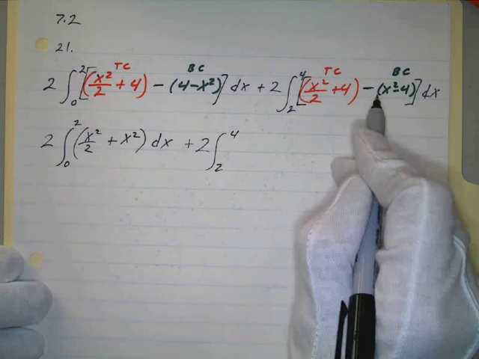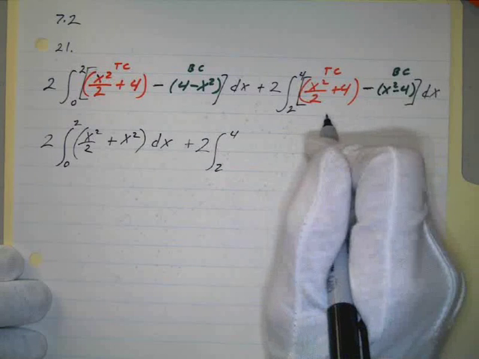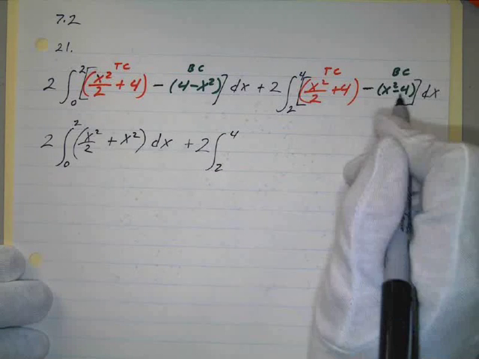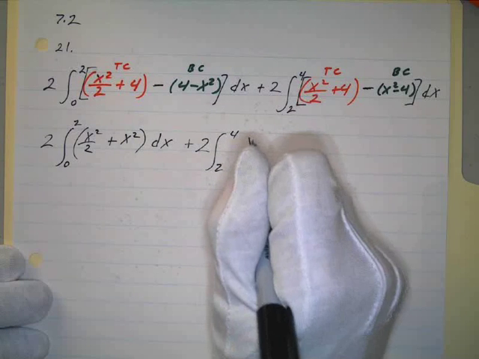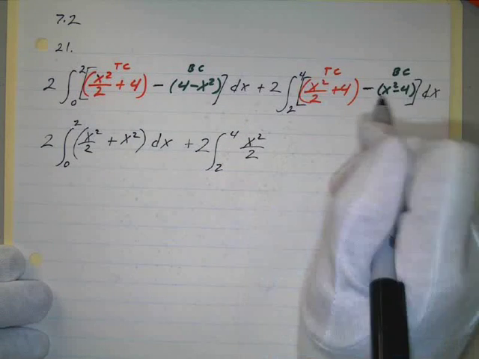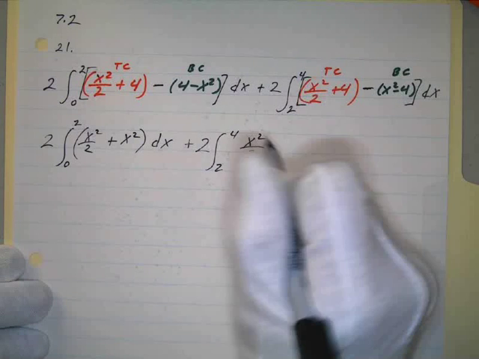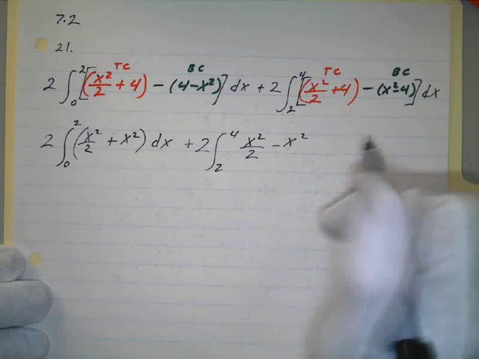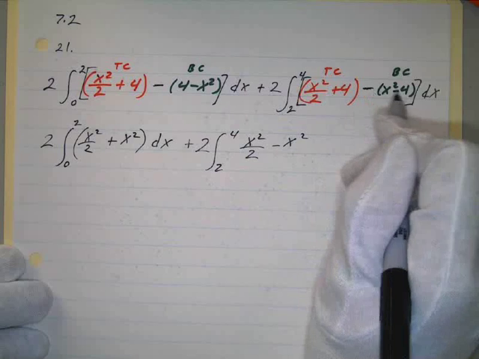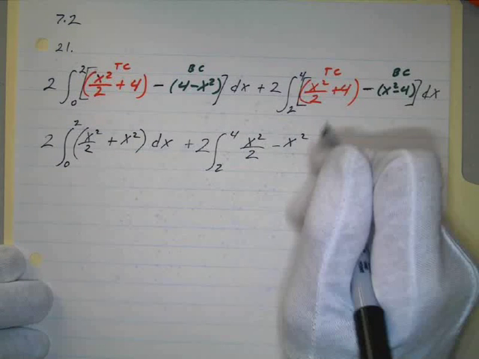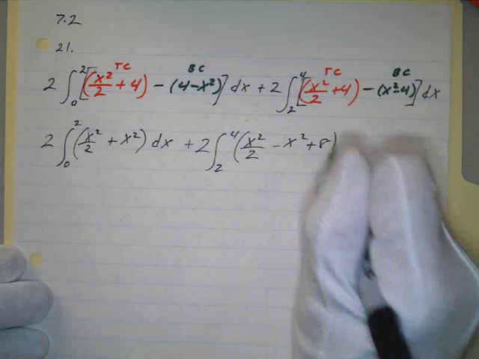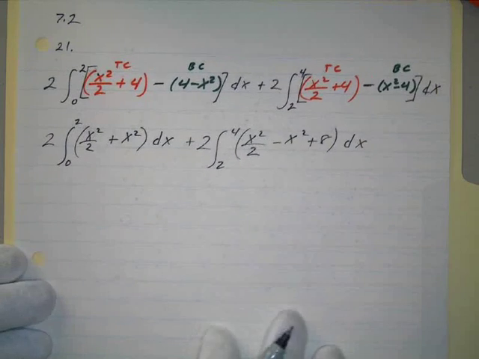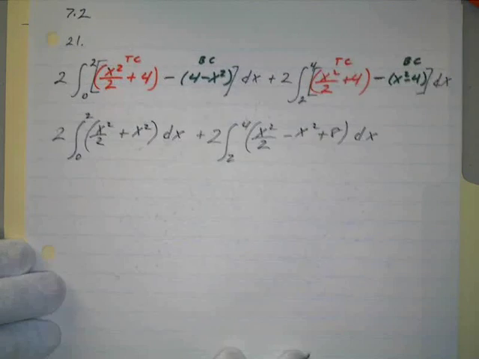then I'll simplify over here, and we end up with a number here that's not going to simplify, so we'll have x squared over 2. And then I'll have my minus x squared. I'll put that next to it so I can simplify that. And then 4 and a negative times a negative 4 is positive 4. So 4 plus 4 is 8. It's not too bad. Now I can simplify these some more.